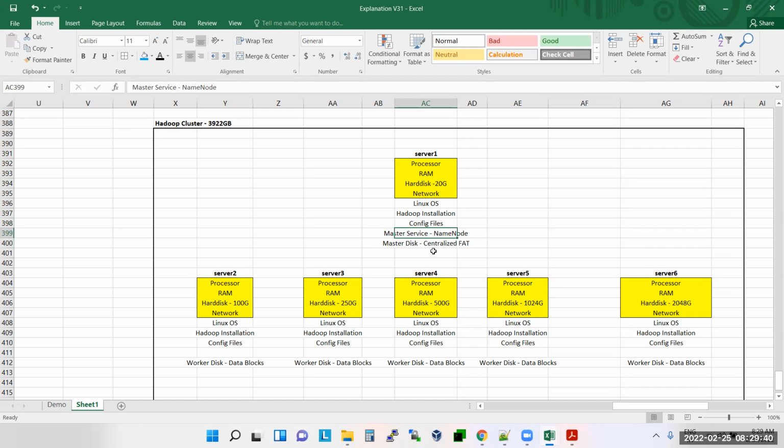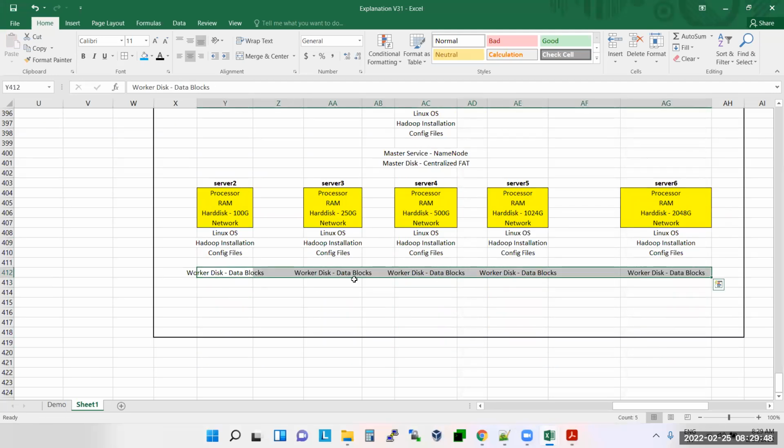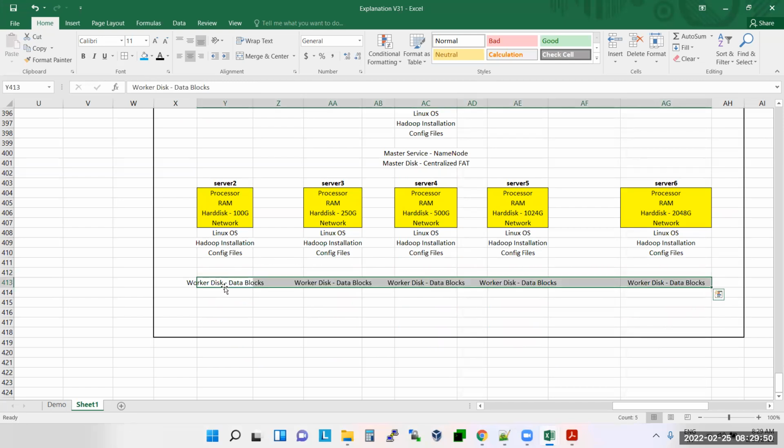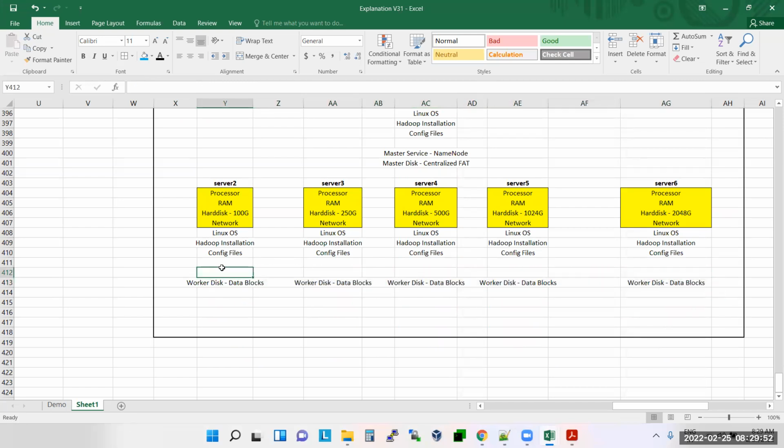The name of the master service is name node. All these others should work like worker disks, so I will start a worker service. It's called data node.